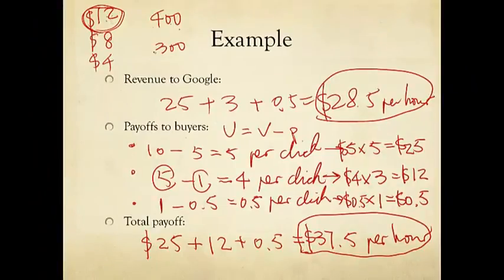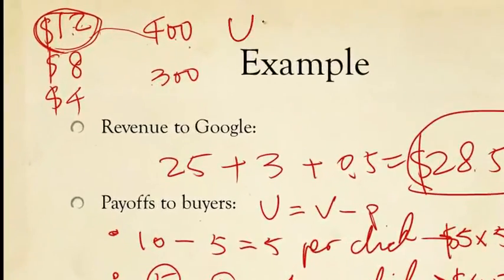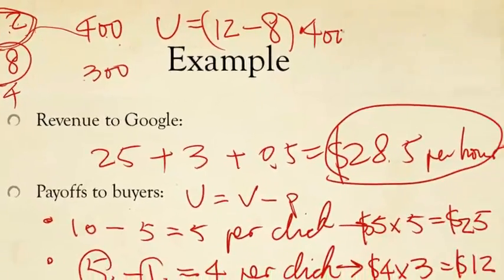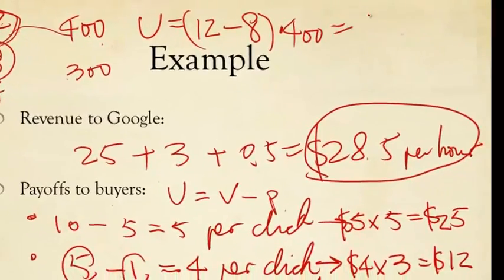But actually, if that's what she does, she's going to win the first spot, and the payoff in that case is the valuation 12 minus the price you pay, which is by GSP 8, dollars per click times 400 clicks per hour, and that would be $1,600 per hour.